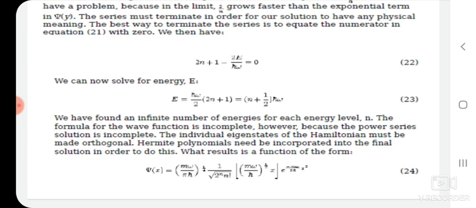If the energy level n is equal to 0, at the 0 state there is some energy also associated with that state, that is 1 half h cross omega, because if n is equal to 0, then the zero point energy E0 is equal to 1 by 2 h cross omega.